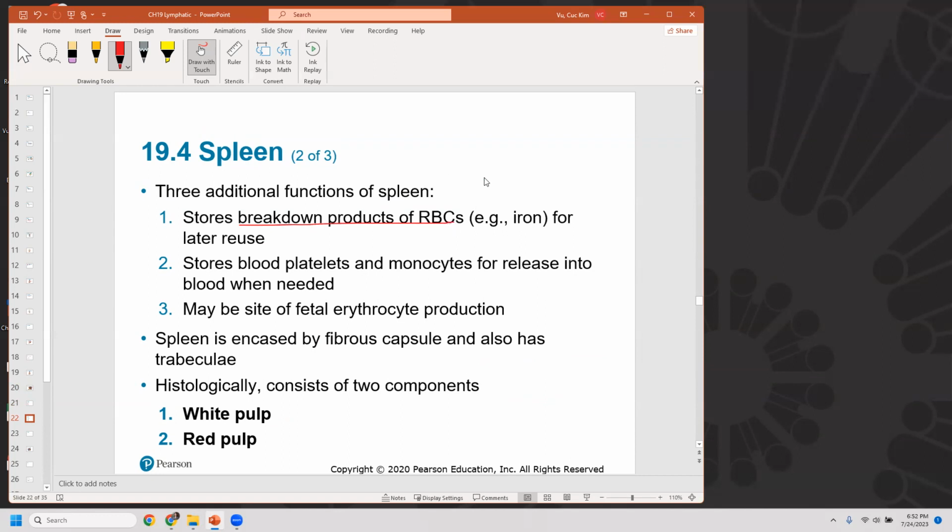And in the previous chapter, you should have learned about how red blood cells are broken down into hemoglobin. And hemoglobin is broken down to the heme groups and the iron. And the globin chains break down into the peptides, which then are broken down into amino acids.